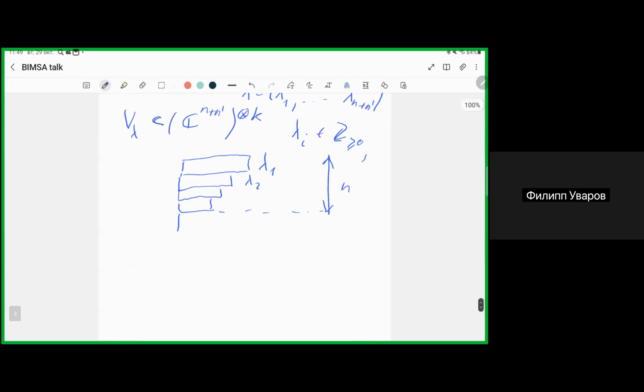So I get a column of length lambda n plus 1, and then a column of length lambda n plus 2, and so on. The condition is that the accumulation of boxes that I get is a Young diagram. So the outer shape gives me a Young diagram. And this is a condition for the polynomial module of gl_{N|N'}.